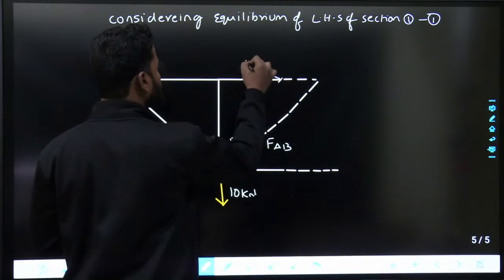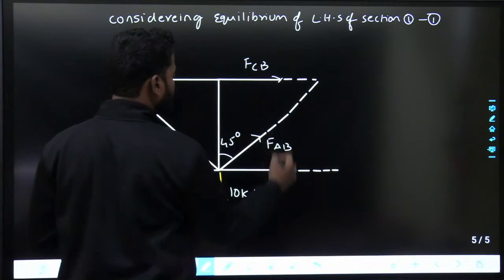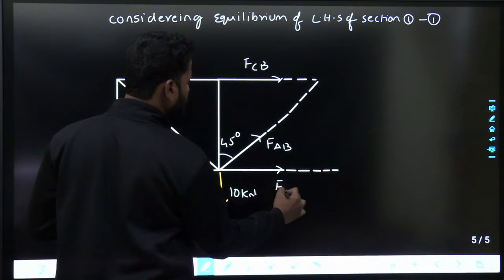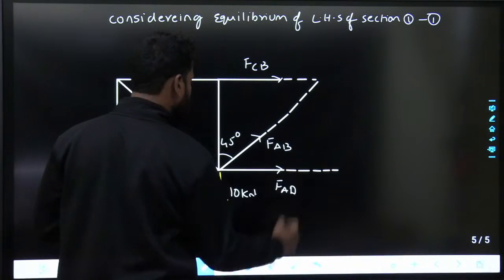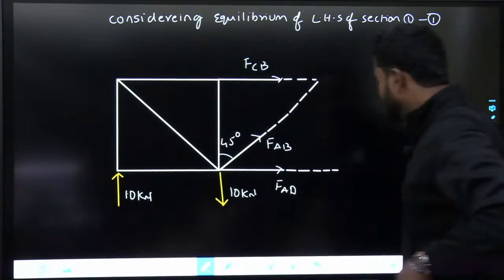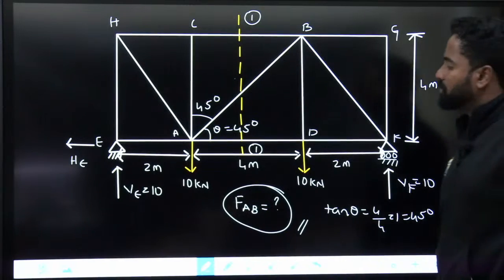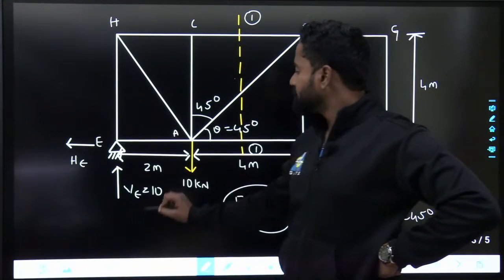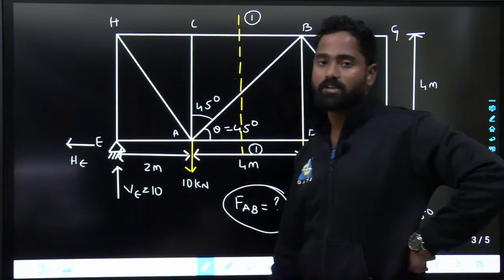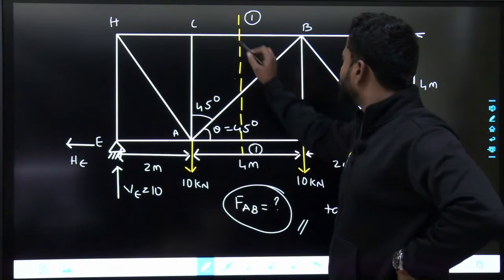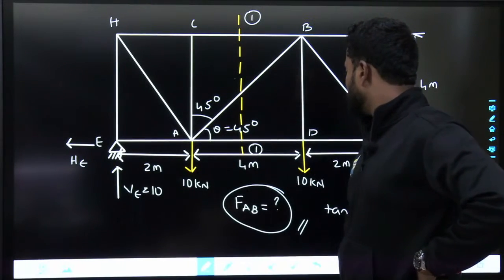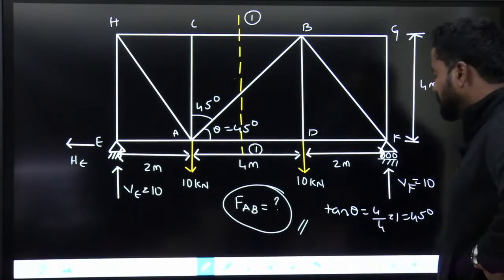And this would be some FCB, I think, and this is some FAD, right? If I consider equilibrium of LHS of section 1-1, 10 like this, 10 like this, HE, that is anyway 0, FAB, FCB, FAD, right?